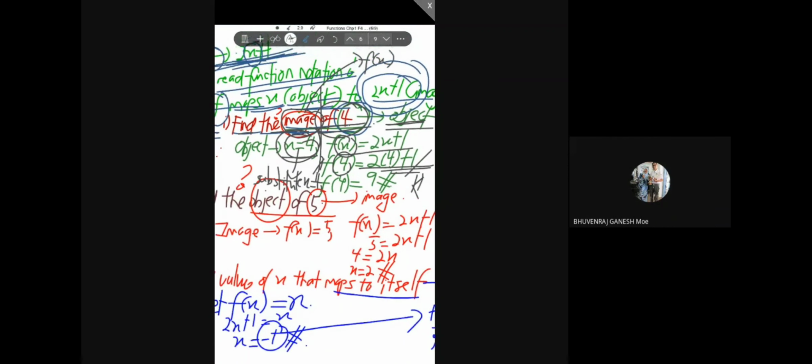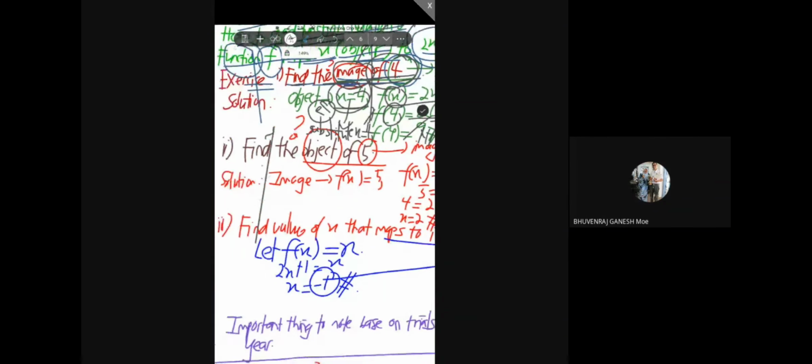X is 4, and also show this part. This part is going to earn you 1 mark here. Whenever you show substitution in add maths, you always earn marks, and your final answer is 1 more mark. So maybe this is 2 marks. Or they can also be 1 mark for your final answer itself, because this is a very basic operation for this chapter.